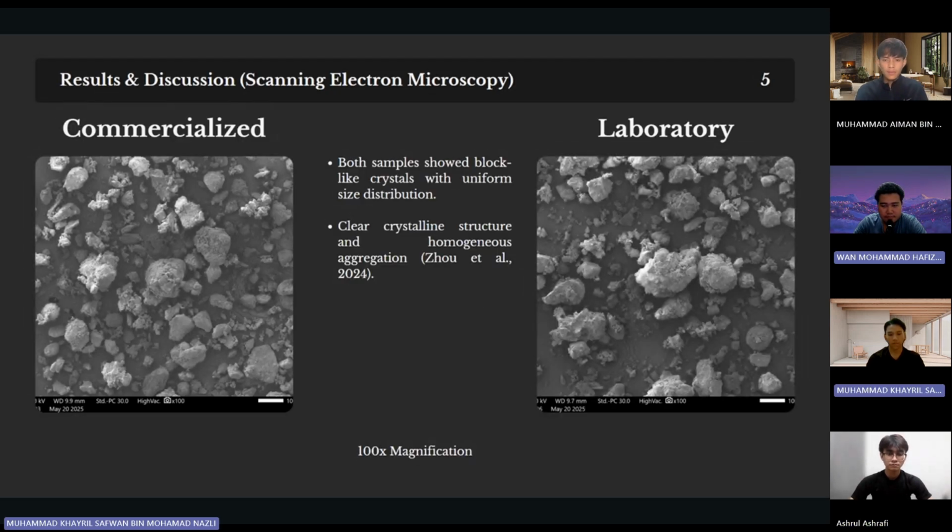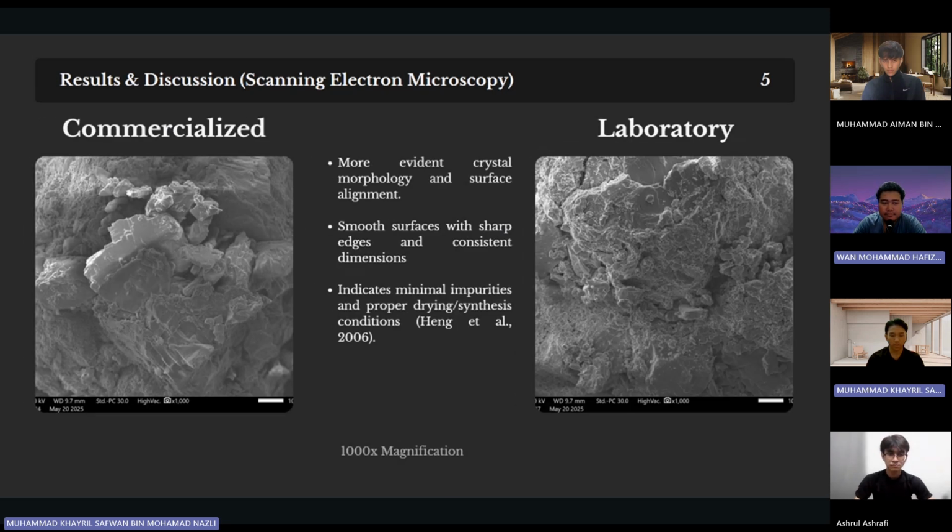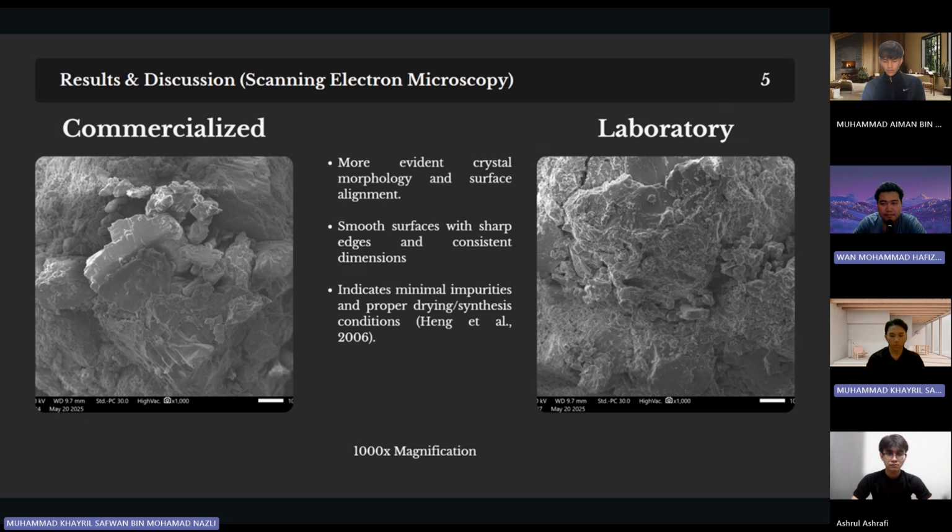At 100 magnification, both samples showed similar particle shapes and size distribution, appearing as block-like crystals. This low magnification gave a general view of particle aggregation and surface coverage, indicating uniform and well-defined crystallinity, suggesting proper crystallization during synthesis. At 1,000 magnification, both samples showed smooth crystal surfaces, sharp edges, and uniform dimensions.